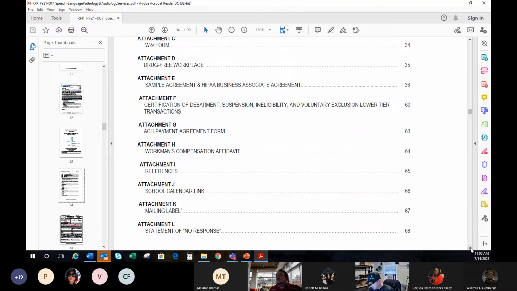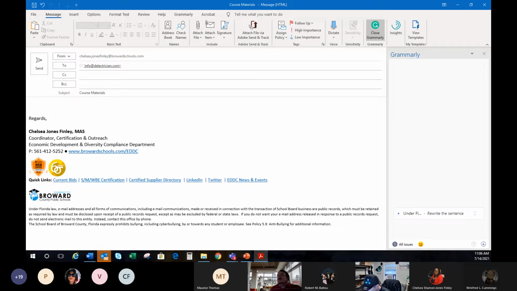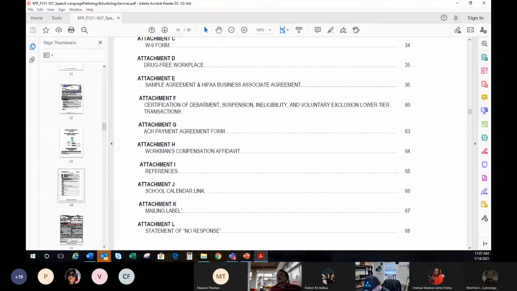Attachment H is the workman's compensation affidavit. This goes along with the insurance requirement as provided in the RFP. This applies if you have 4 employees or less, and would usually apply to individuals that offer a proposal under this RFP.